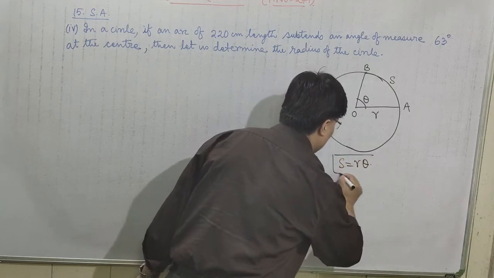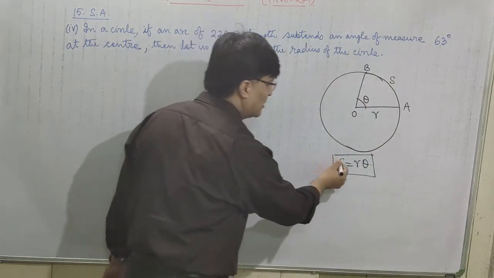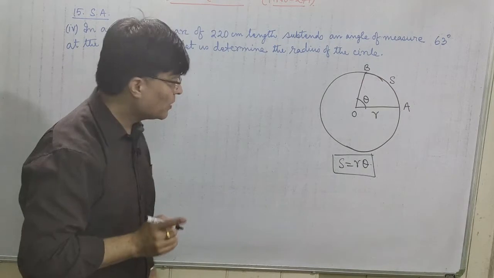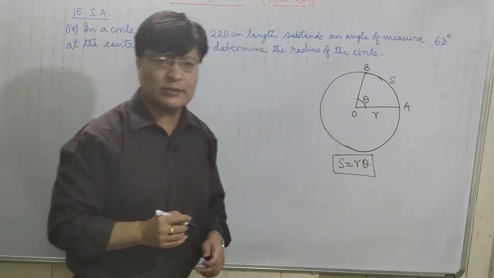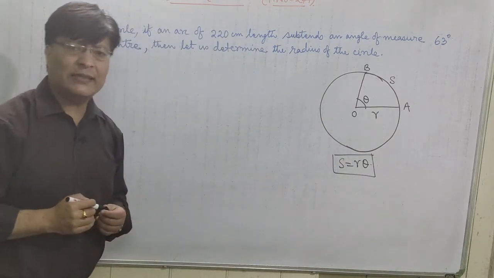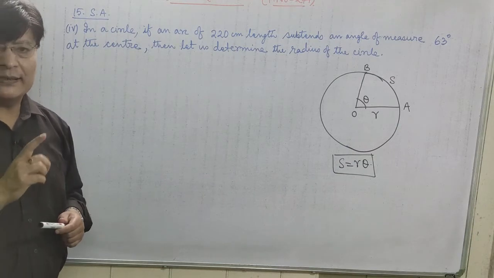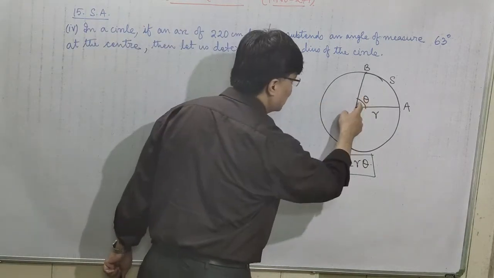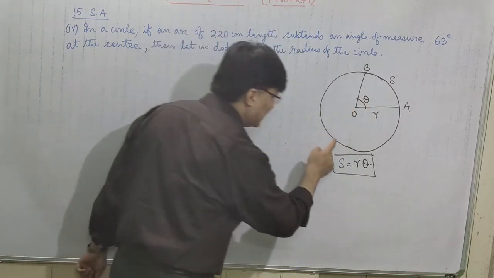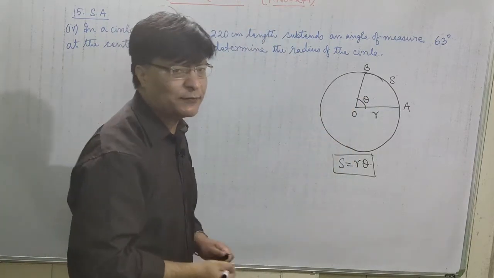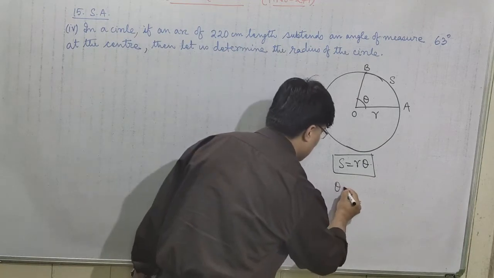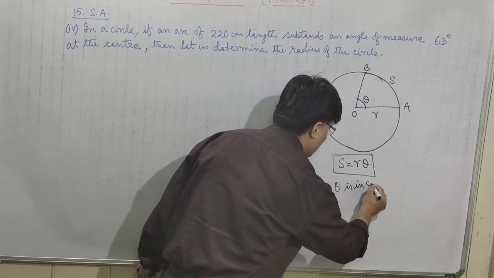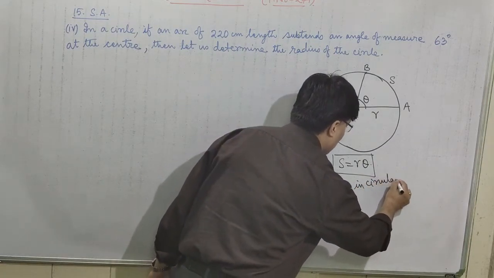You should know this formula. S is the length of the arc AB, R is the radius of the circle, and theta is the angle the arc subtends at the center. Theta is in circular measure.